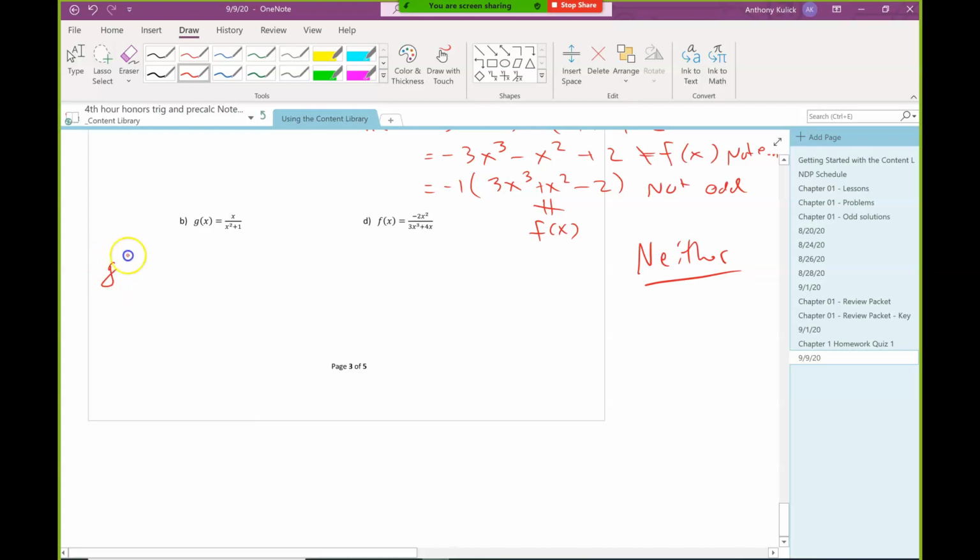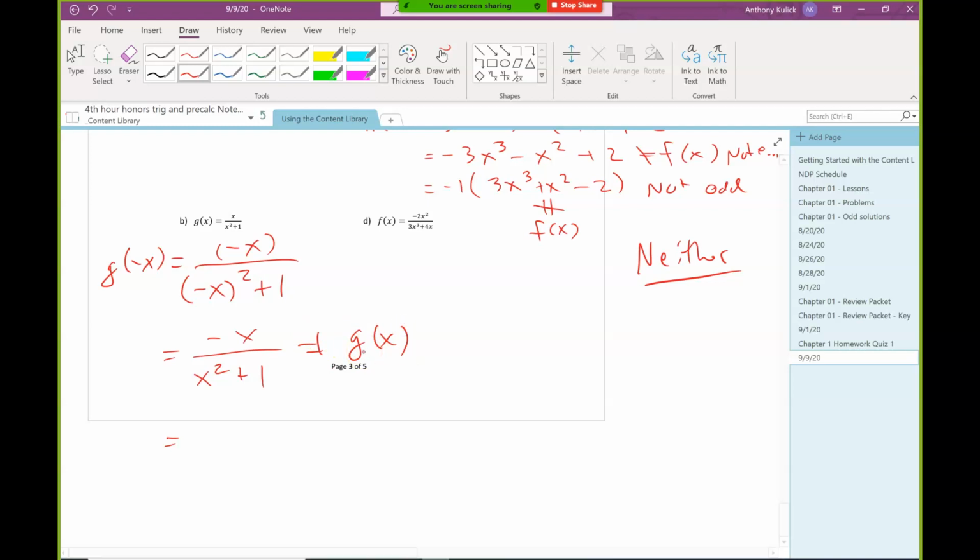So we'll start by doing g of negative x. I'm going to go ahead and plug negative x in for everywhere I see an x, and then we'll simplify this down. So this is not g of x, because there's a negative sign in the numerator, right? So we know it's not even. Now I can factor a negative 1 out.